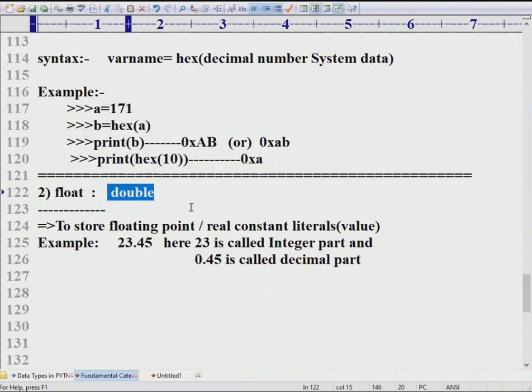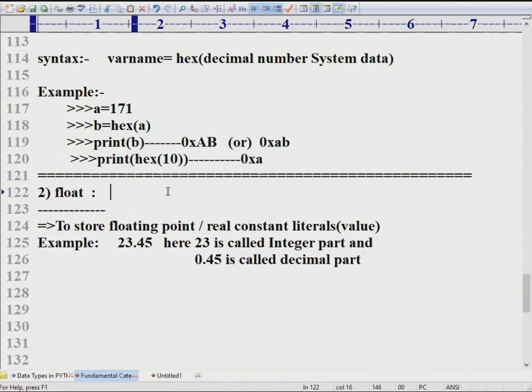Because I told you the strongest reason in the classroom: this data type itself will store data of unlimited size, because in Python everything is stored in the form of objects. Is there any restriction on the size of float? No. There are no size restrictions in the Python environment. That's why no double data type is available.